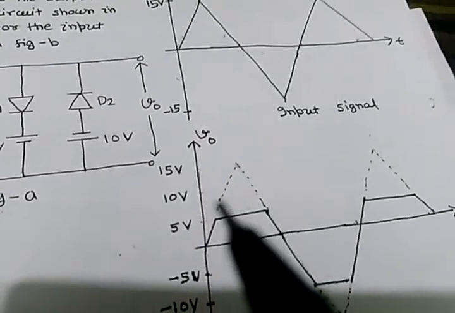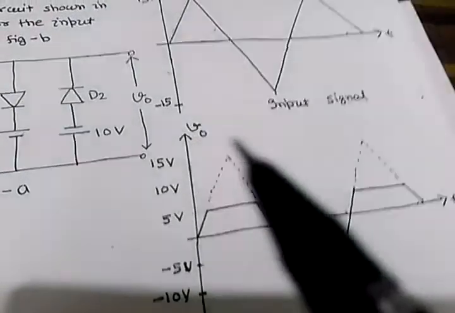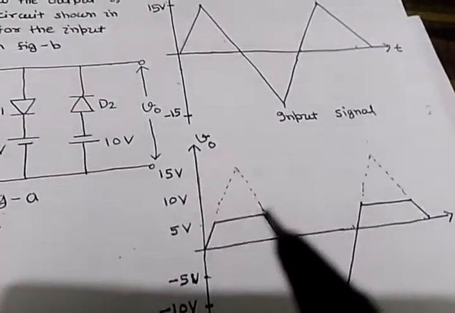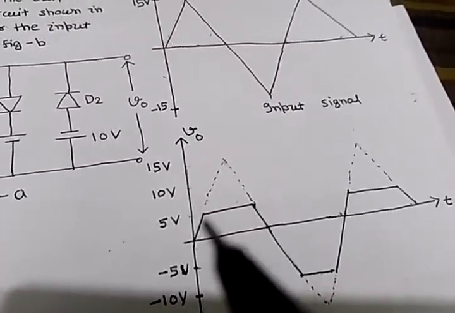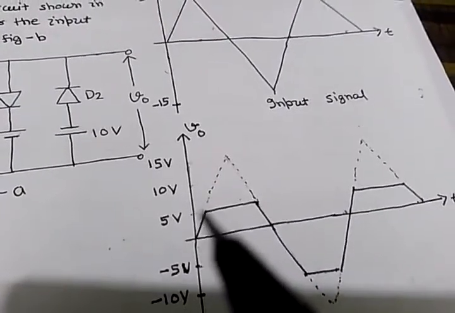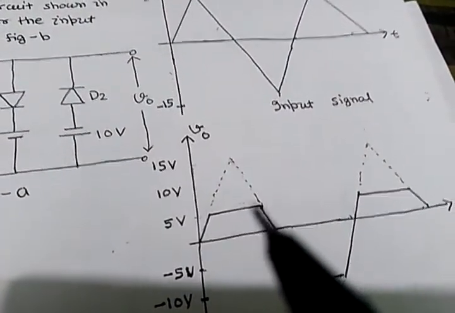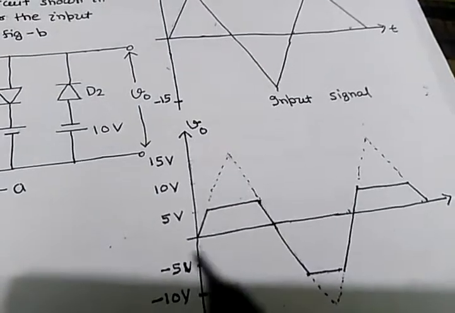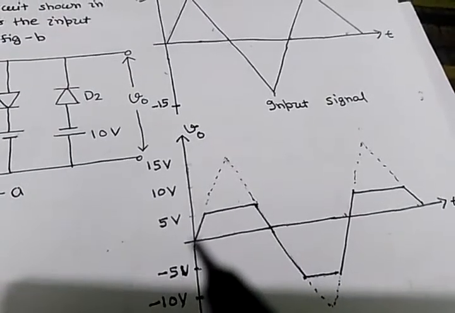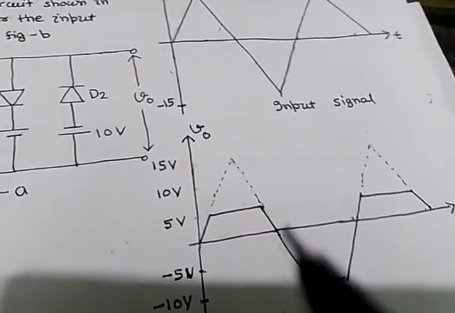So the positive portion of the input signal above 5 volt will be clipped off. Means only when the input signal is less than 5 volt will we get the output the same as the input. So in the positive half cycle we will get this type of waveform.